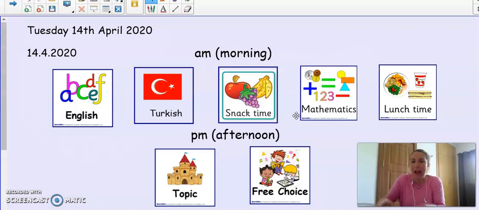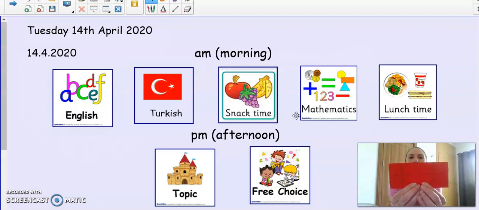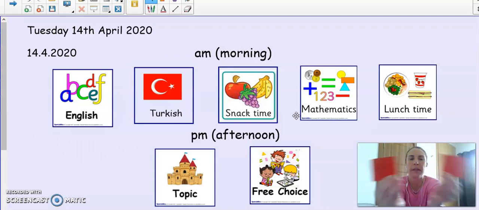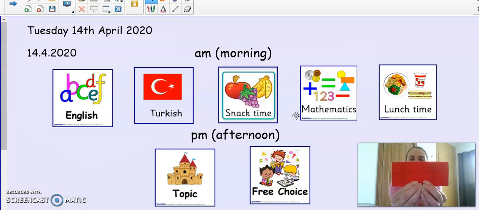But in your actual maths lesson, you're going to be carrying on with fractions, and your fractions today is thirds. So we've learnt about halves, where we've got 2 equal parts. So there's my whole, and I've got 1 half and another half. So that's 2 equal parts.